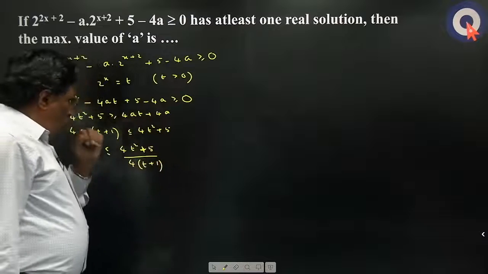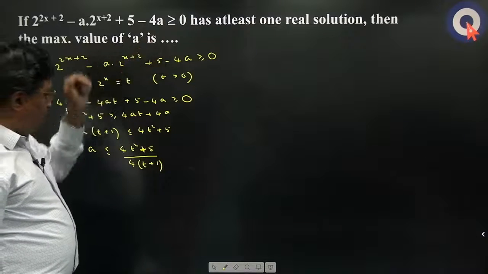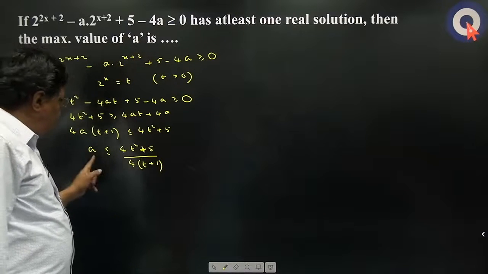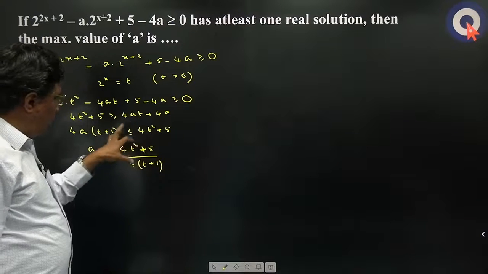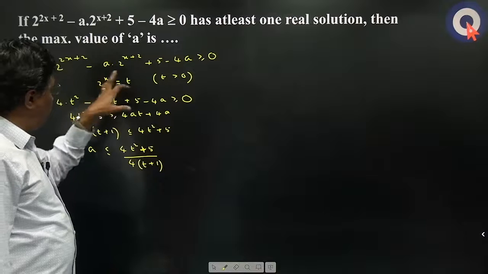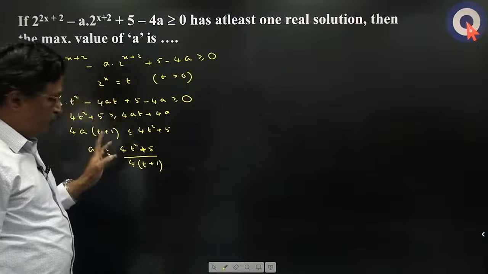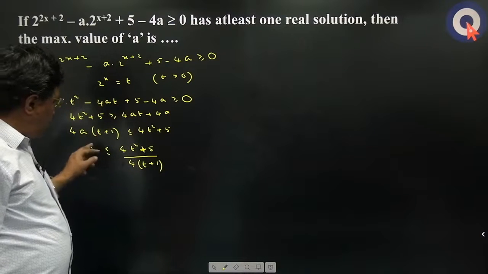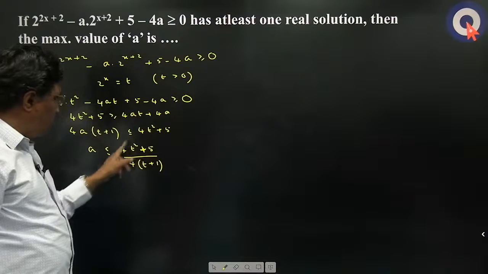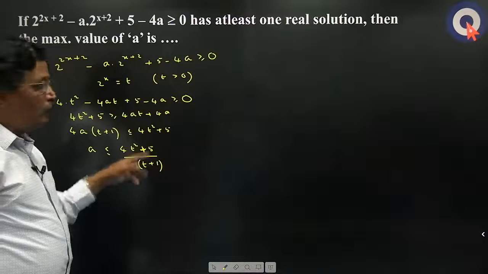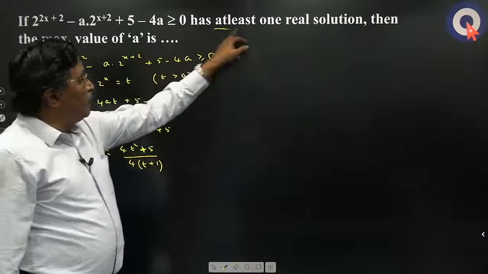This means this is a variable value depending on the value of t or on the value of x. So if a is less than or equal to the least value of this expression, then we will have at least one solution.